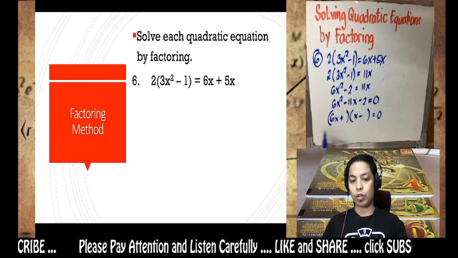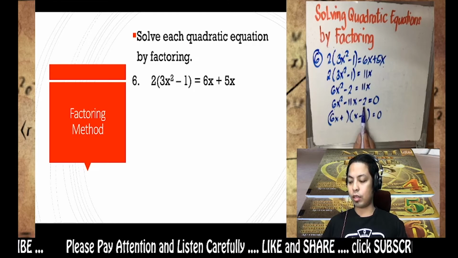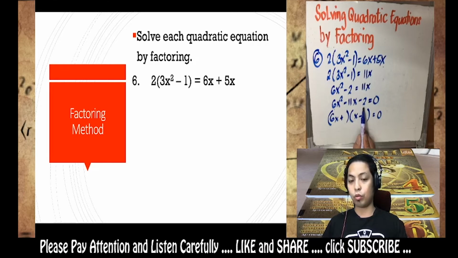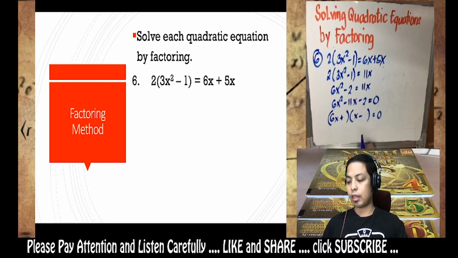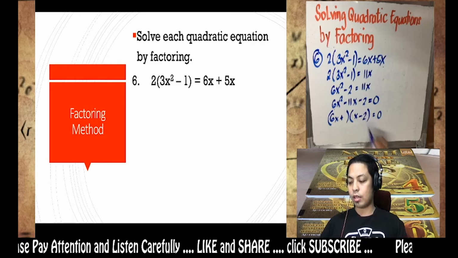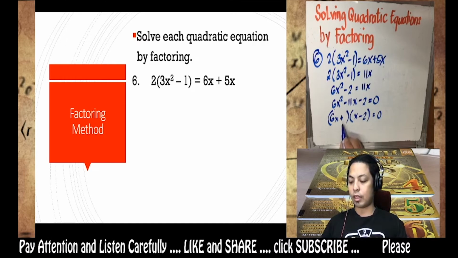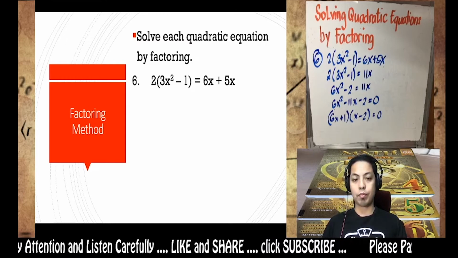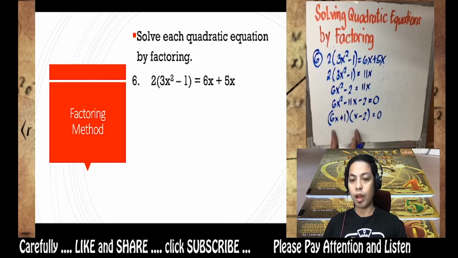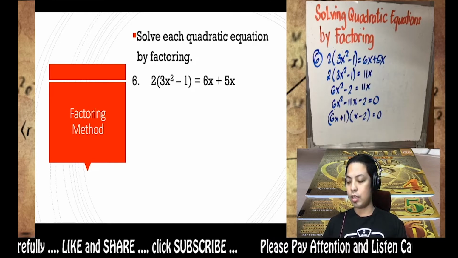Since this is 2, the only factors are 2 times 1. Put the 2 in the negative and put the 1 in the positive. So we have 2 factors that we will equate to 0.